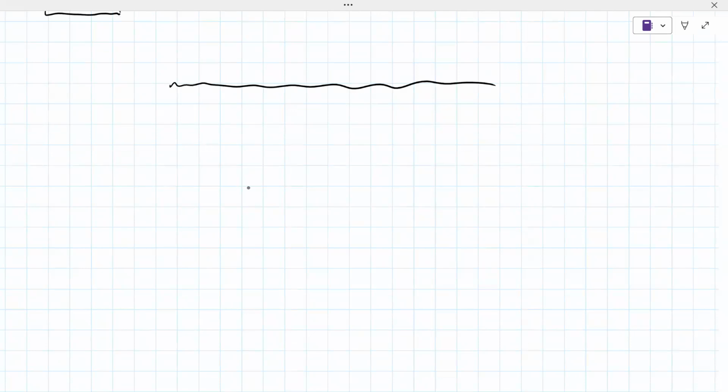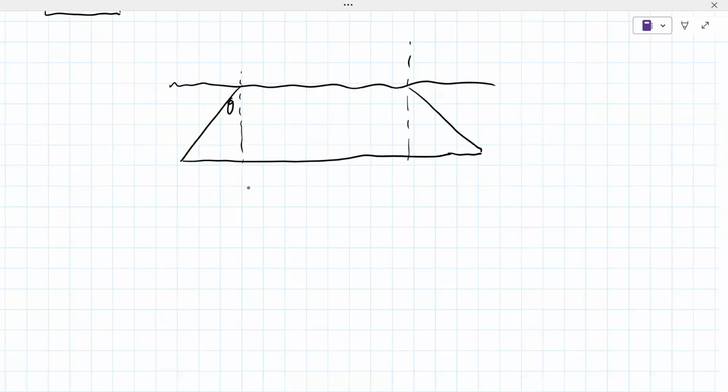So again, to make it easy on us, let's say that the angle was the same in both cases, on both sides. So this is x and this is y, and if this is y, then this length right here you could get by using the tangent.